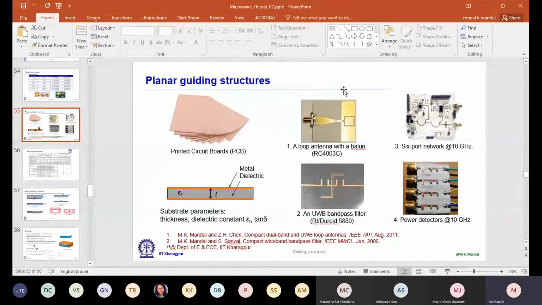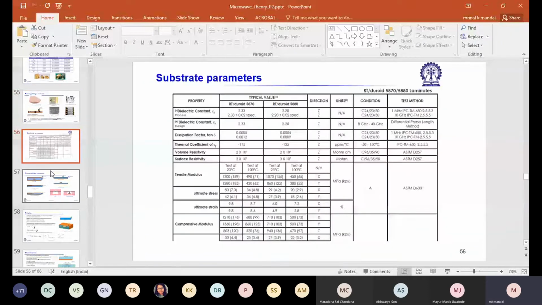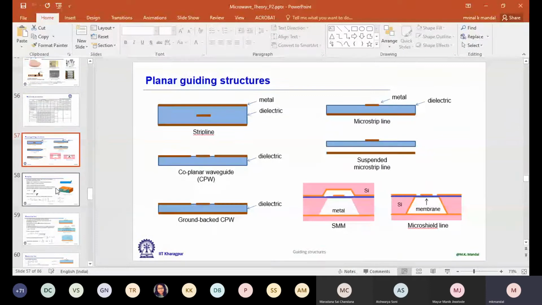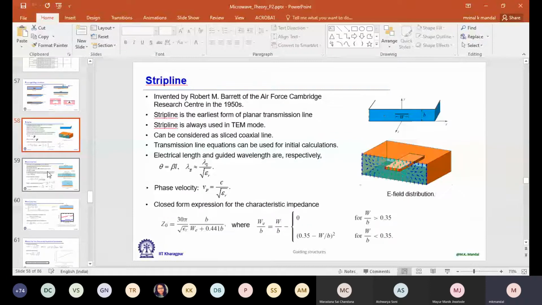Last week we started planar guiding structures and we discussed these substrate parameters and then different types of guiding structures, mostly the popular ones. In this series, the guiding structure which came first is the strip line.